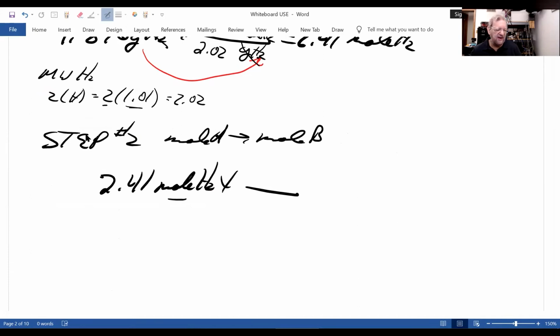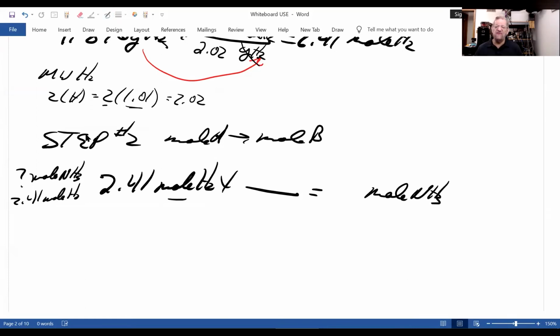So what we're trying to do is go to moles of NH3. And this we already have, 2.41 moles of hydrogen. And if we can convert this in one step, you can. We have moles of hydrogen. We want to go to moles of ammonia.